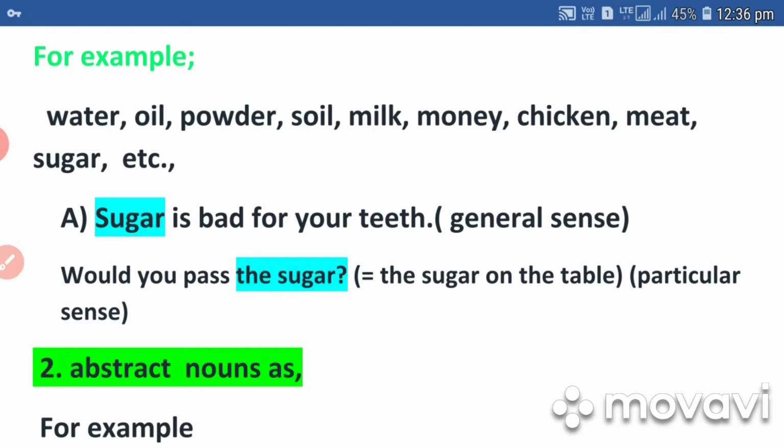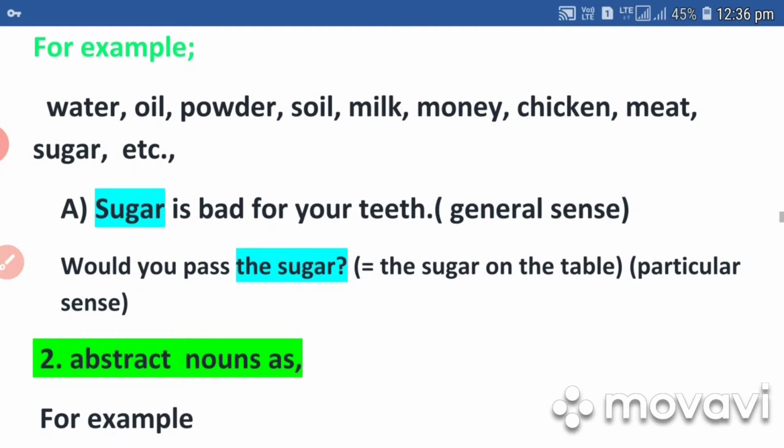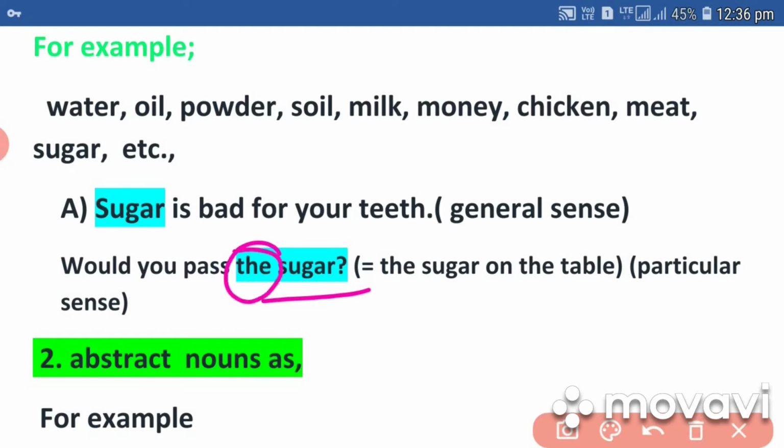Here we have used the uncountable word sugar in a particular sense, so I used the here. See, would you pass the sugar means we know where the sugar is. The means the particular place here. That's why I used the definite article. The title itself makes you understand that when you're using the definite article, you can get clear information.